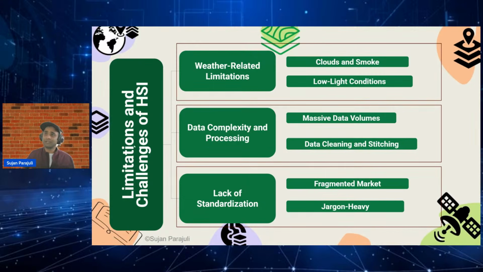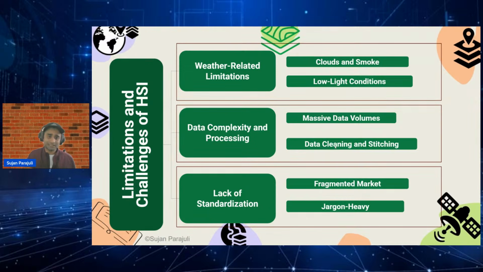Also the limitations: it has the same limitations as multispectral because it's a passive sensor, so cloud, smoke, and low light conditions affect it, and there is data complexity because of massive data volumes.